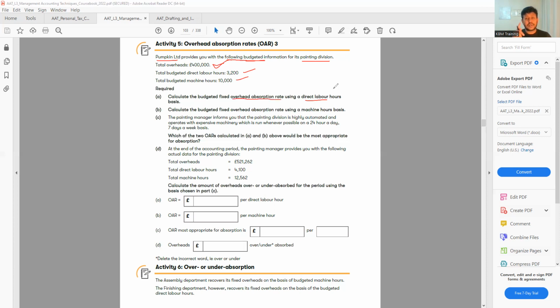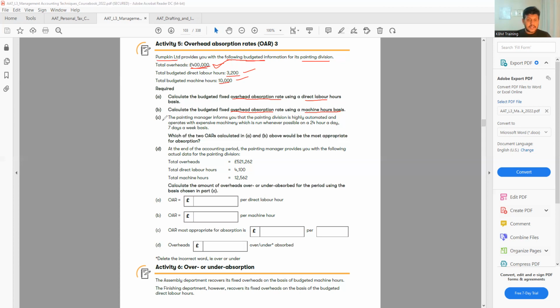First, I'm going to calculate the OAR using the labor hours, so it will be 400,000 divided by 3,200. The next one is to calculate the OAR using the machine hours, so that will be 400,000 divided by 10,000, the overhead absorption rate per machine hour.